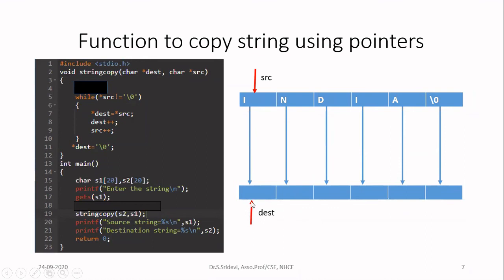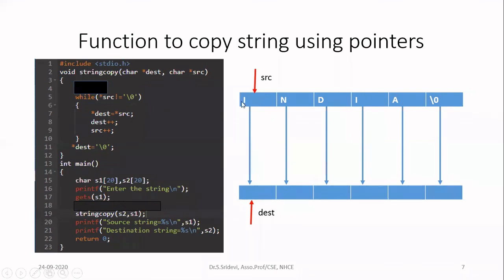Okay, so now what will happen is you have to first take this I and copy it in this particular memory location. So how to take this I? I is nothing but, whatever is this pointer SRC, I have to take the content at that address. So that is nothing but star SRC. You can see here I am writing star SRC.